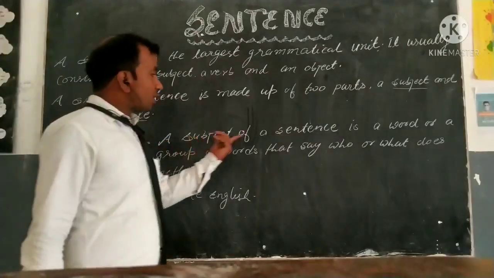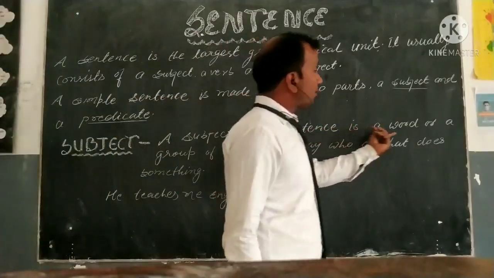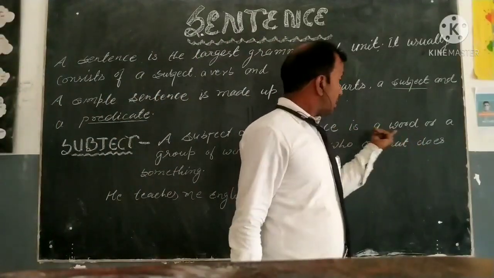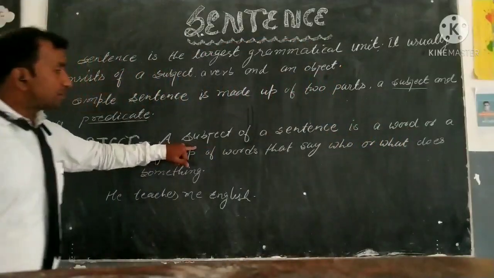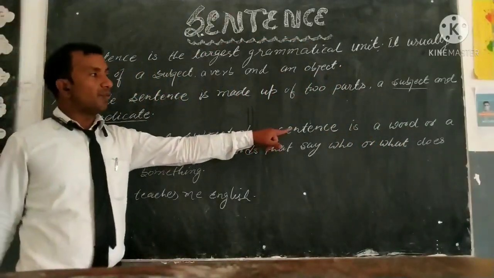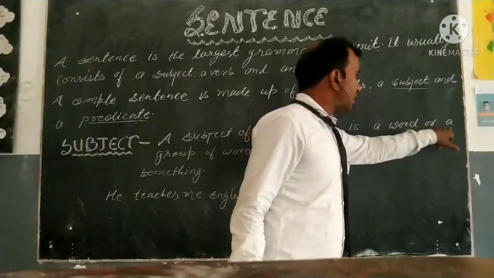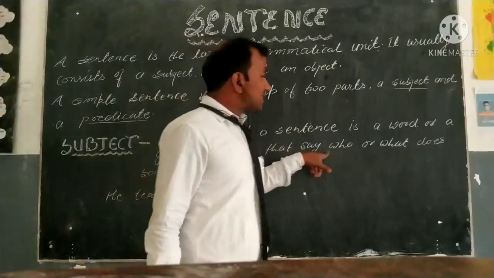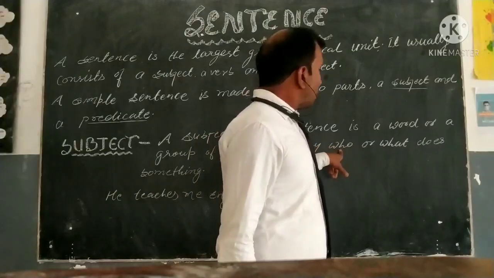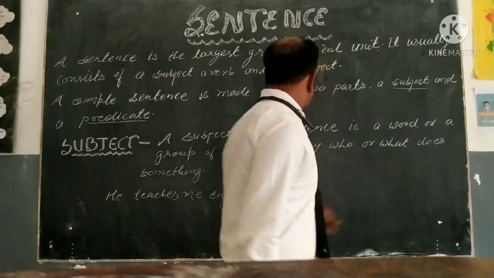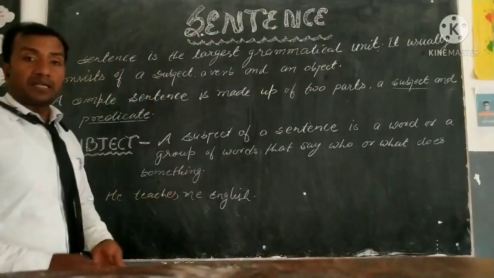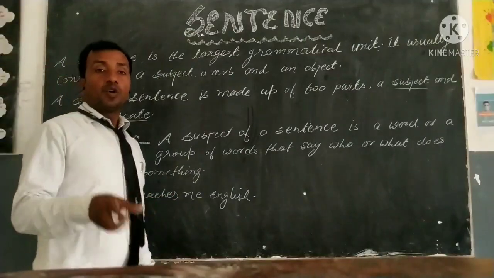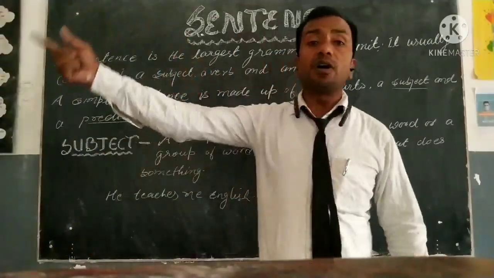A subject of a sentence is a word or a group of words that say who or what does something. That means a subject is a word that says who does the work.